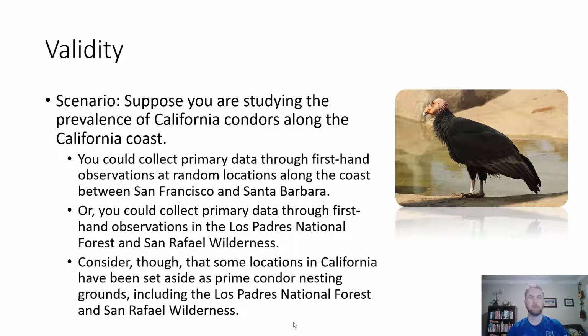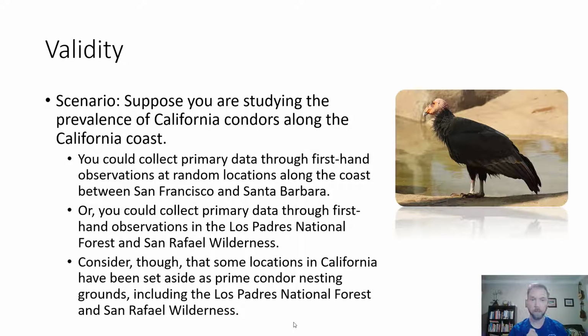Okay. Again, the scenario is you're trying to study the prevalence of California condors along the entire California coast within this area. Okay, so you could collect primary data at random locations, or you could collect primary data through first-hand observations in the Los Padres National Forest and San Rafael Wilderness.